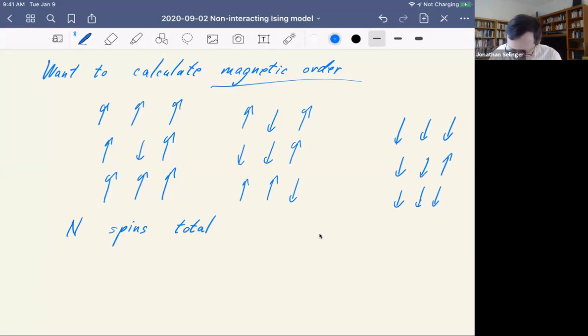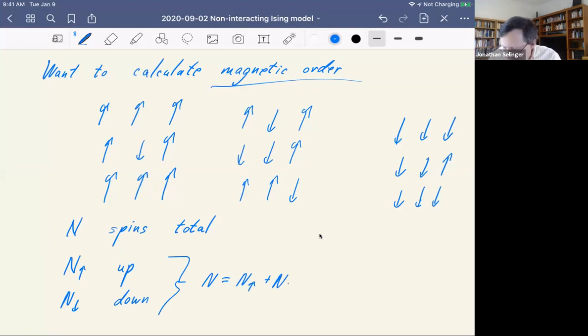Okay, so we'll say there are n up that are pointing up, and n down that are pointing down. Okay, and of course that's all of them, right? So that n equals n up plus n down.